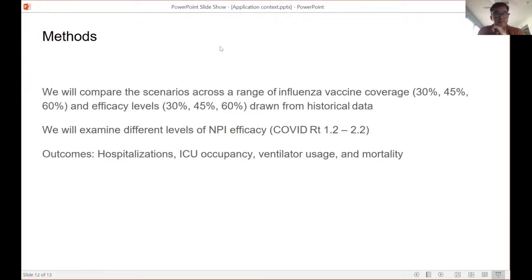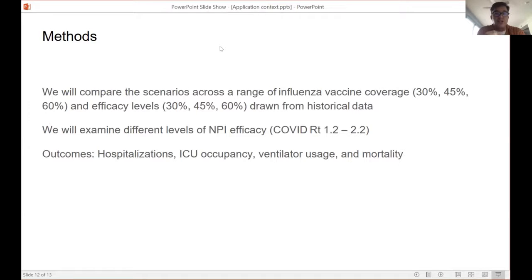Next slide. So in terms of the parameters for the model, I'm not going to go into great detail. We can talk about that more in the chat session, but we're going to compare a range of influenza vaccination coverage from 30 to 60%. Typically in the US, we get about 45% vaccination coverage.